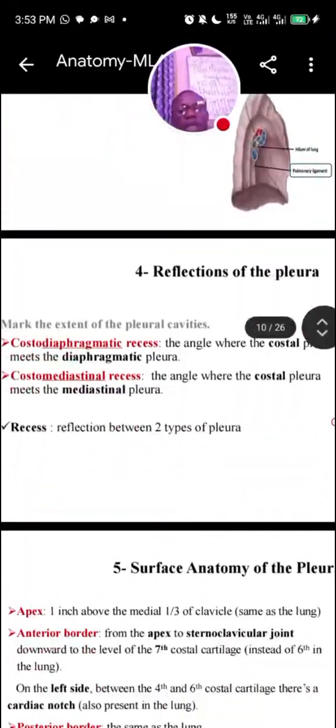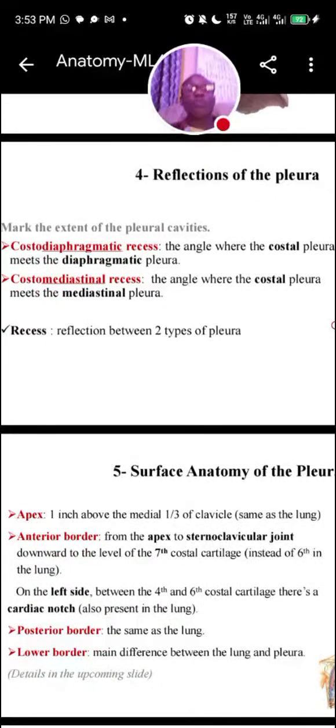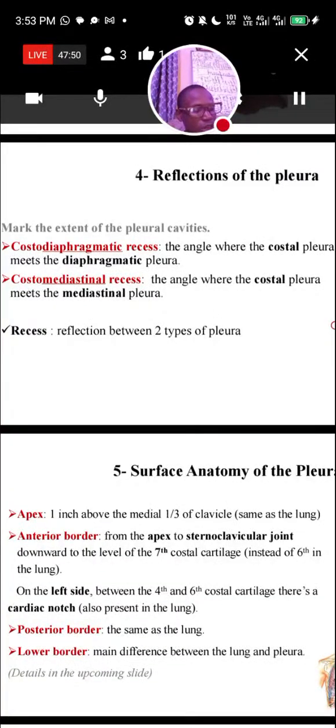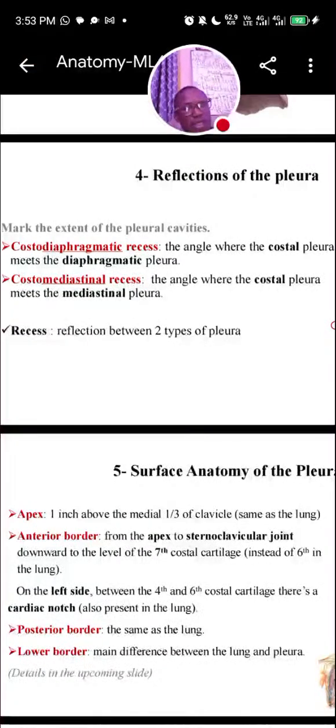Okay? Now let's pick the fourth one. So for pleura, as we talk about pleura, we talk about introduction. We must talk about the meaning of pleura, pleural cavity, pleural space. So you can't discuss pleura if you don't mention these things. And then you talk about the parts of pleura.